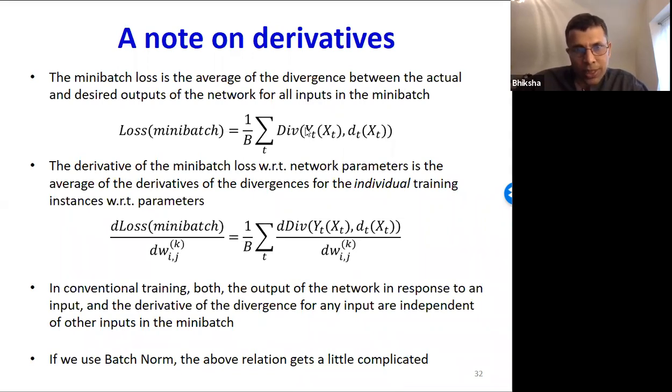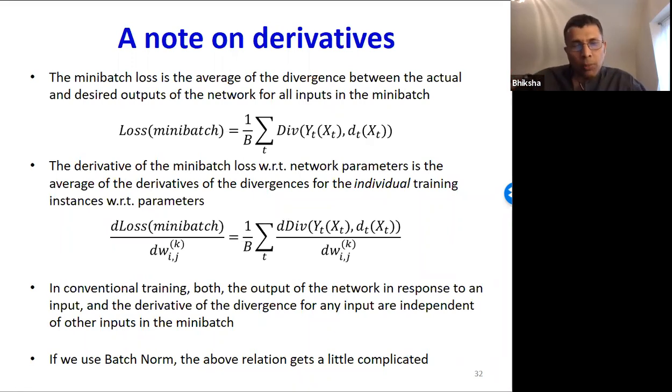And so the divergence basically only depends on that specific training instance. The derivative of the divergence with respect to any parameter is also now an average of the derivatives of the divergences for the individual training instances. And these derivatives can be independently computed for every single training instance.